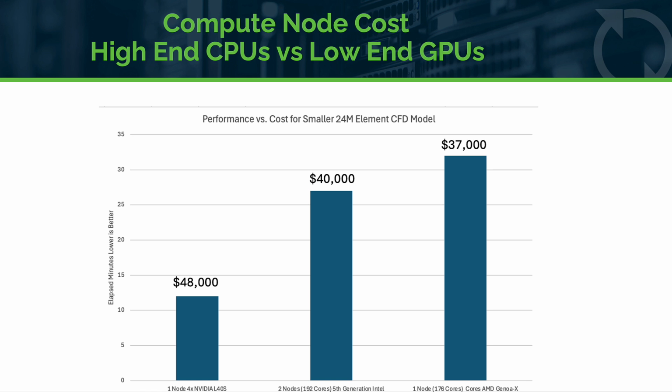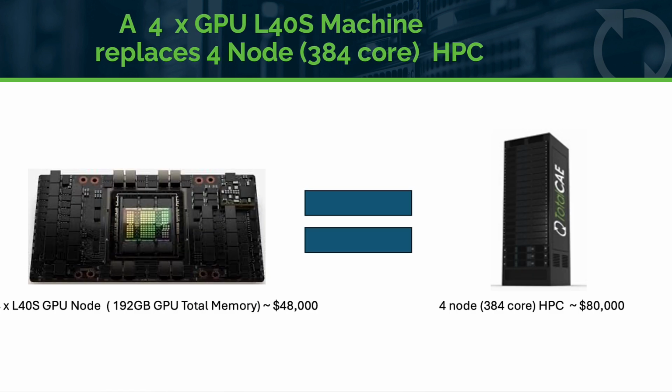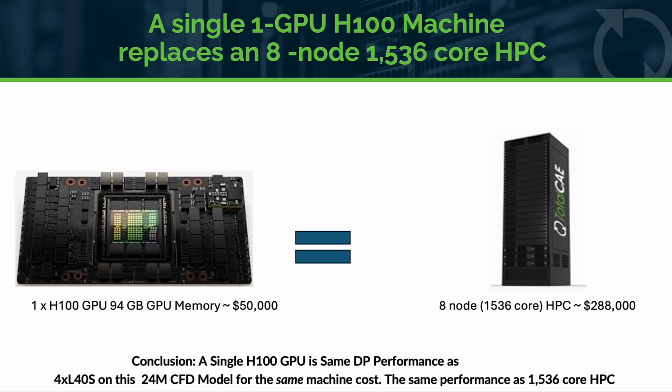But if you had $50,000, you actually wouldn't buy the low end 4 L40S. You'd probably just get a higher end card, which we'll see in a second. Because this is kind of apples to apples, $48,000 for a GPU node versus a 400 core cluster. A single H100 is about $50,000 for one card in the server.